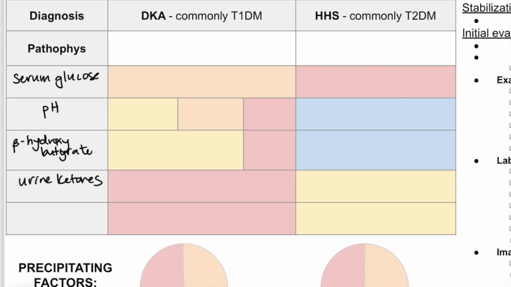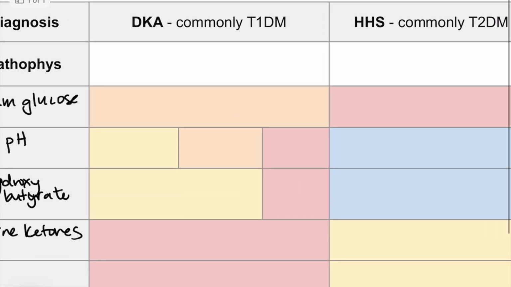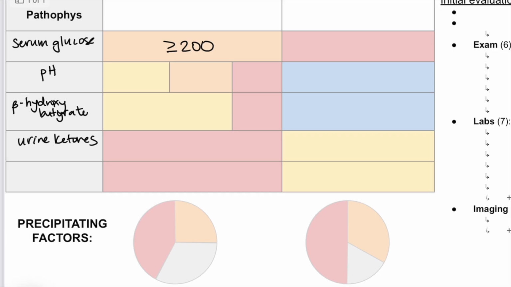When you think about DKA, what degree of hyperglycemia might you expect? Well, in DKA, we would expect something above 200. However, it won't be as high as what we see in HHS, which could be greater than or equal to 600. In terms of pH, we would expect an acidosis in DKA, hence the A in DKA, whereas no acidosis in HHS.